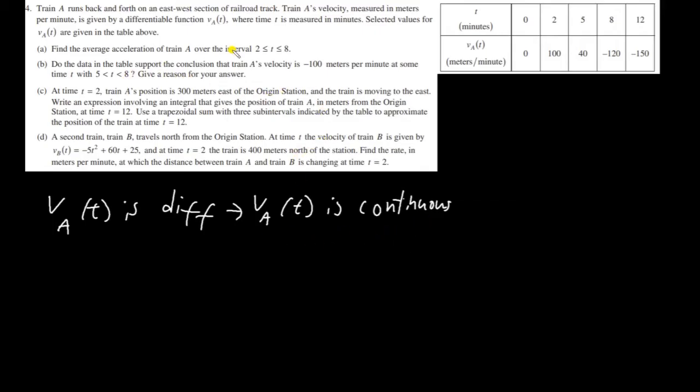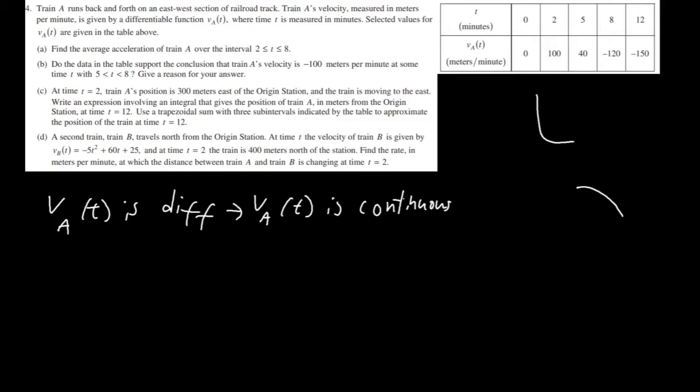So if we want to know, okay, is it negative 100 meters per minute? Now if we look at t between 5 and 8, we see that v of 5 is 40, and v of 8 is negative 120, right? So if it went from 40 to negative 120, it must have passed through negative 100 on the way there. The only way it wouldn't is if it just skipped that, like skipped down, but this would mean it's not differentiable.